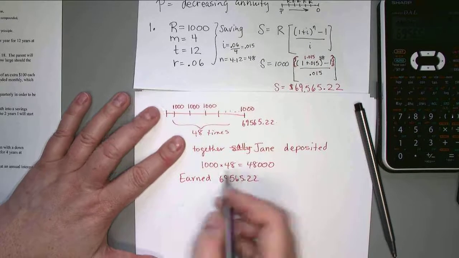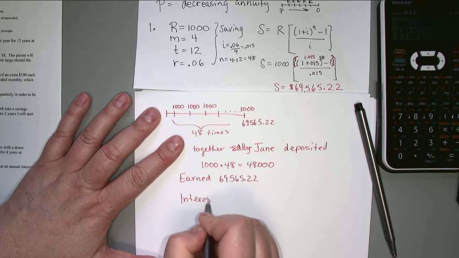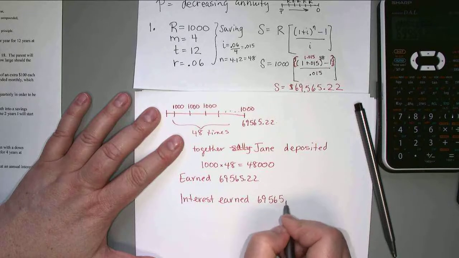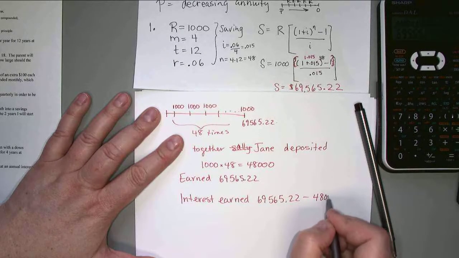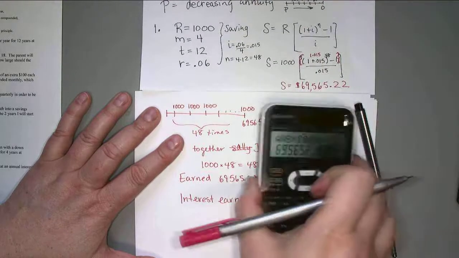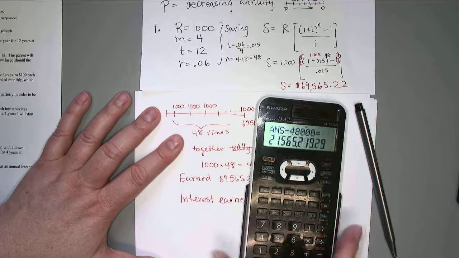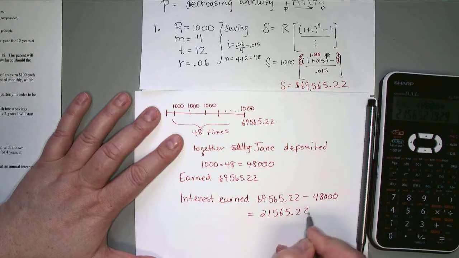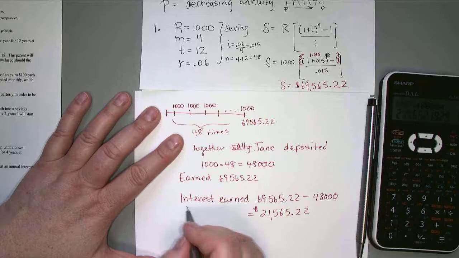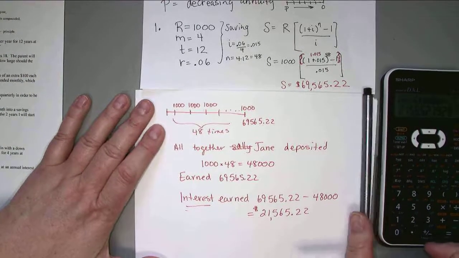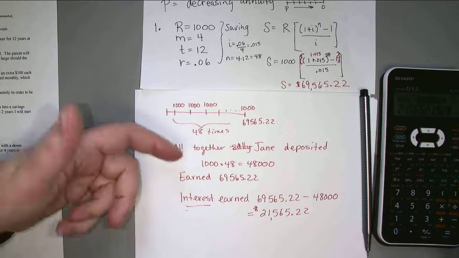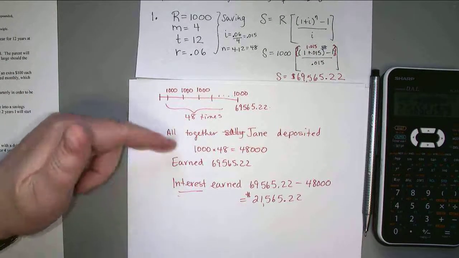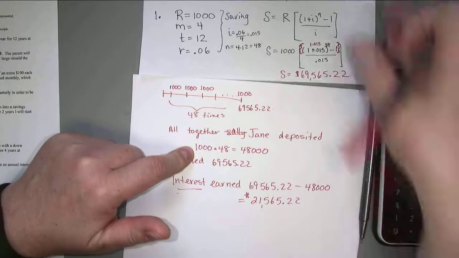So if we subtract those, the interest earned would be that much. So to figure out the interest is, again, a little bit more complicated now, because you have to figure out, it's not just one deposit that you would subtract, it's however many times she put that in, you have to calculate.